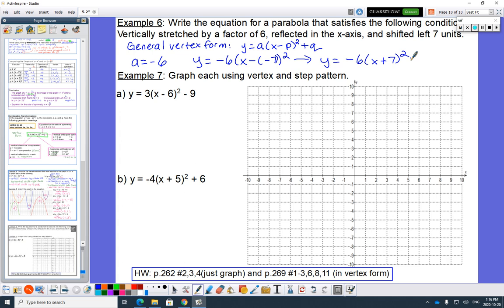Are we changing anything vertically? No. There is no Q, right? We're not changing anything vertically. So Q is 0.